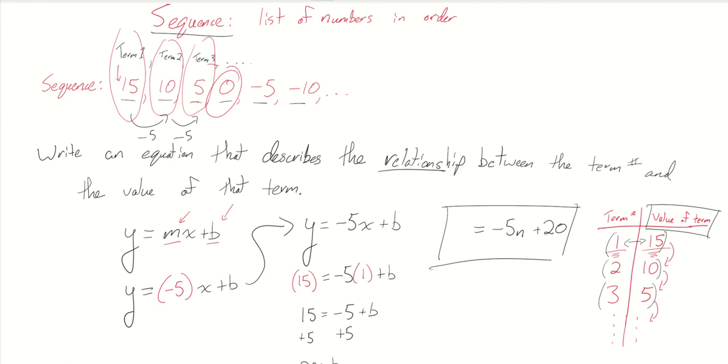Sometimes we often use n as our variable to describe the term number. It is convention that you will eventually get used to in future grades to see the value of that particular term as a sub n. And we call that the value of your general term.